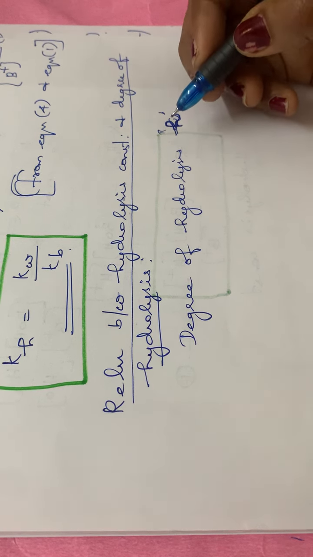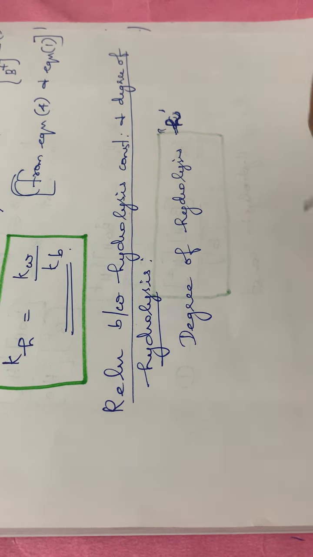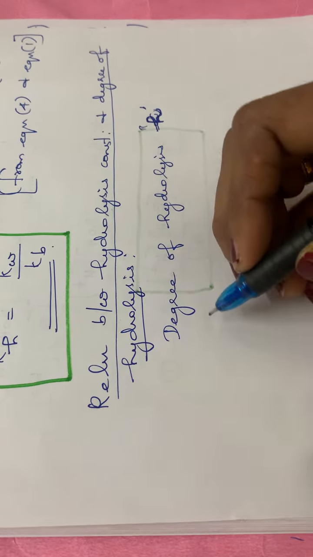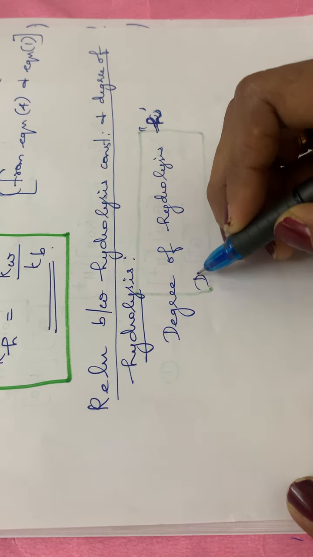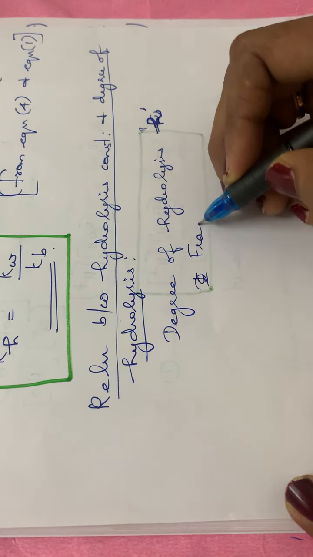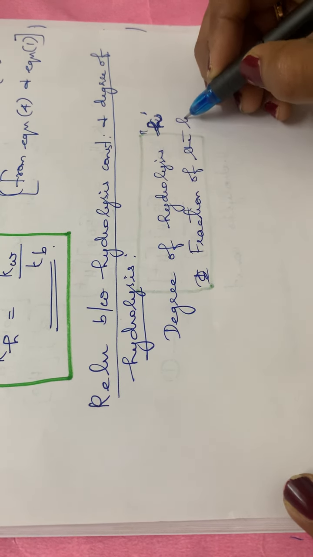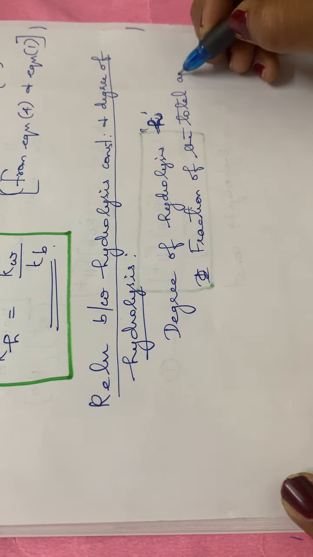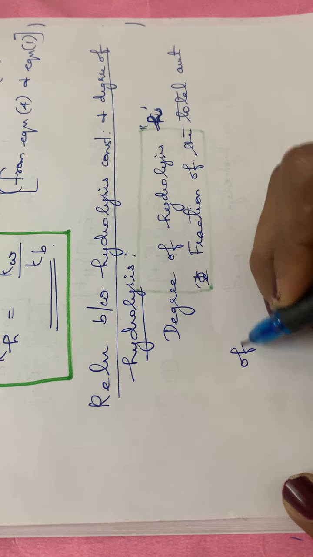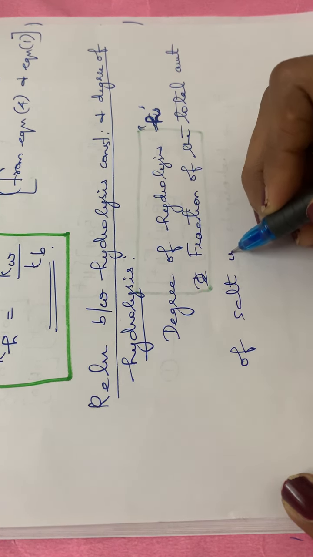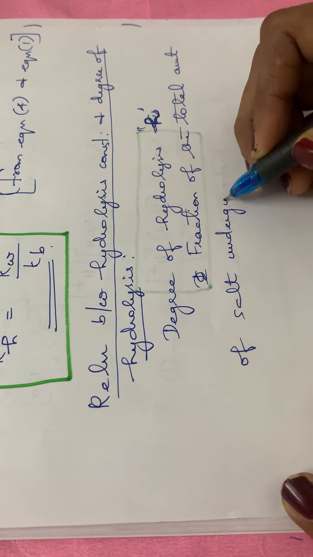Degree of hydrolysis means the fraction of the total amount of salt undergoing hydrolysis.